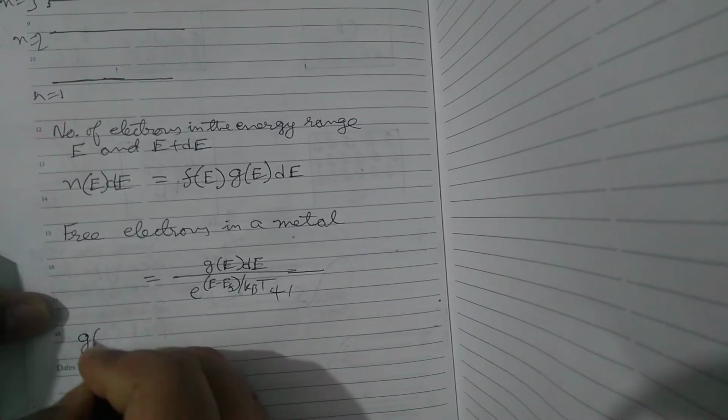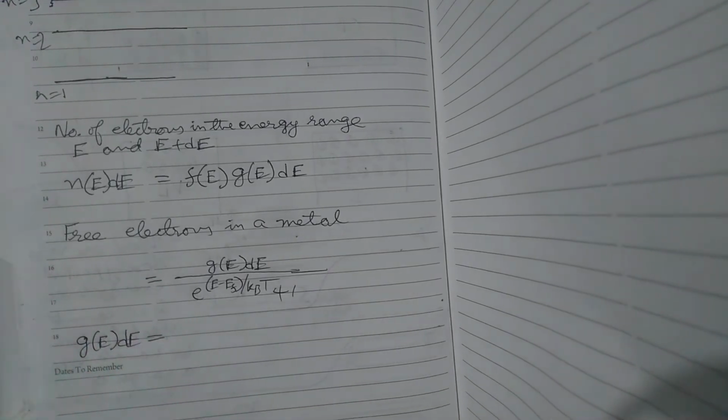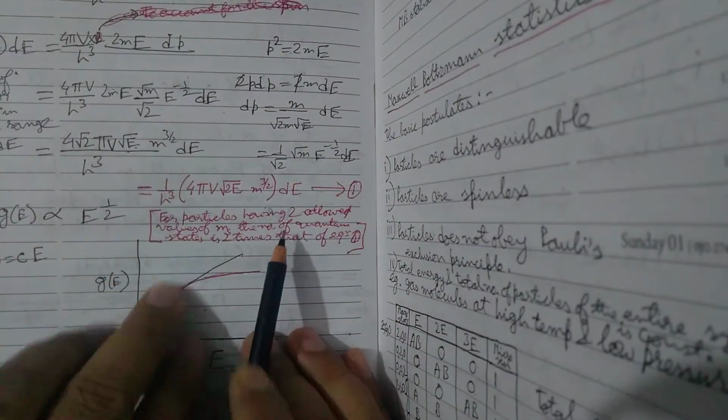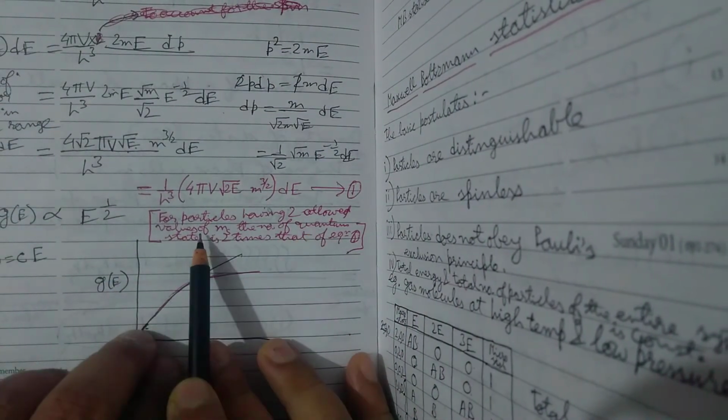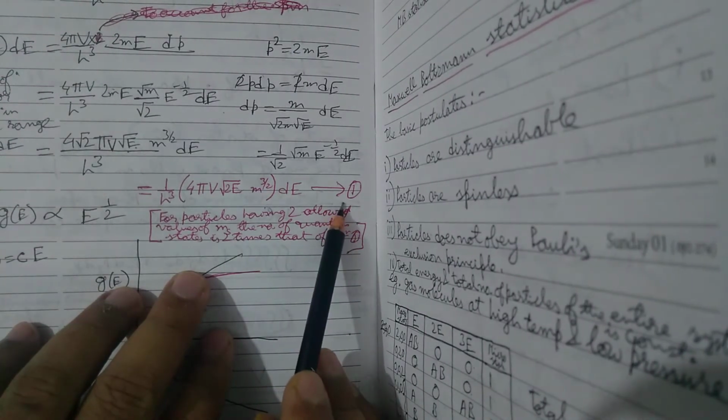Now since G(E) dE, you see here, what did I write here? G(E) dE, for particles having two allowed values of m_s, the number of quantum states is 2 times that of equation 1.